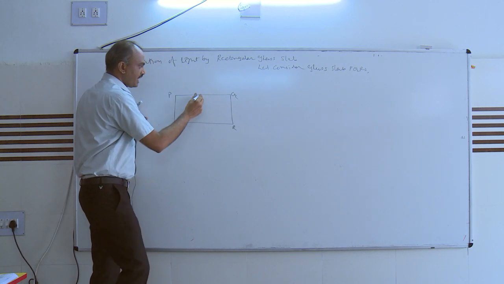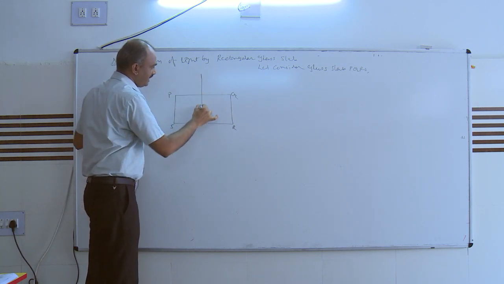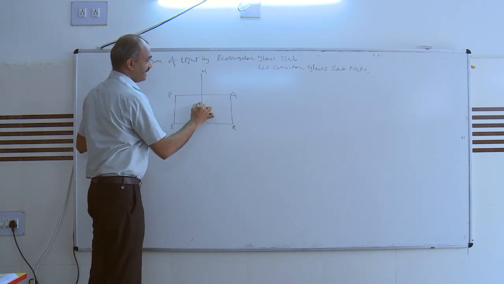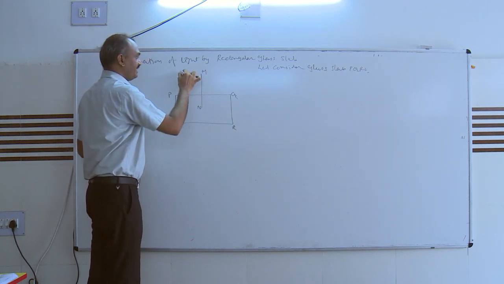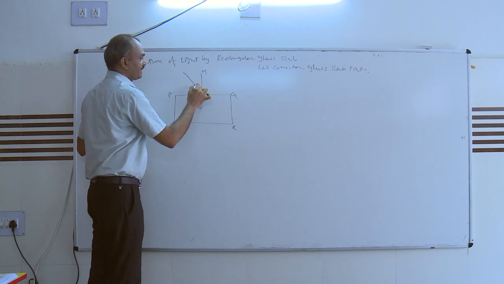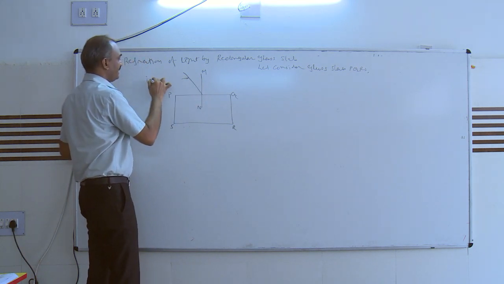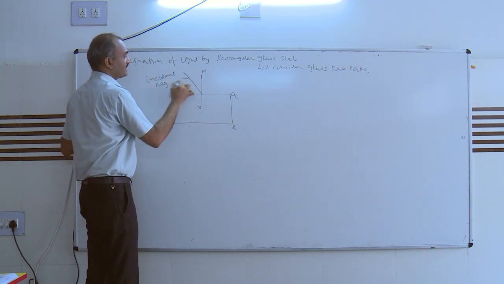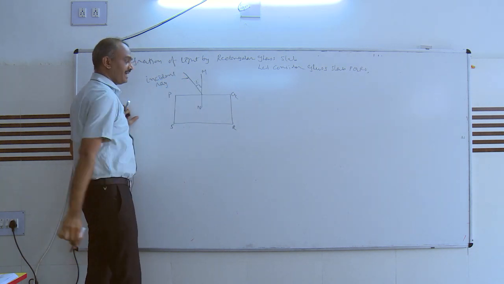Now here we draw one normal, MN. Now we are considering the rays. This ray is nothing but the incident ray. This angle is nothing but the incident angle.